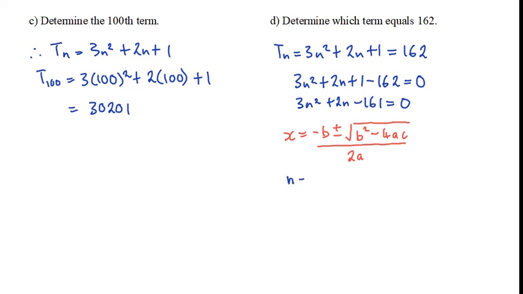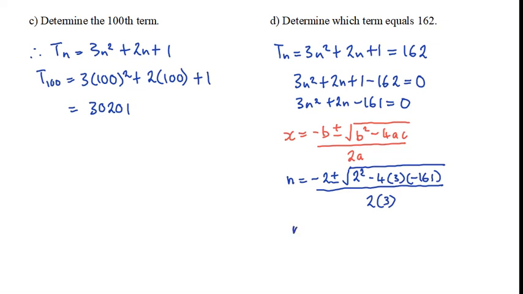So we're going to say n is equal to the negative, b is 2, plus or minus the square root of 2 squared minus 4 by a, which is 3, and c, which is negative 161. Okay, that is under the same square root, all over 2 times a, which is 3. So we obviously are going to have two solutions for n here.